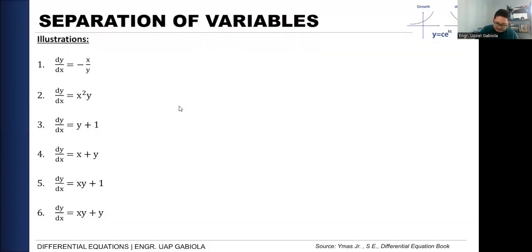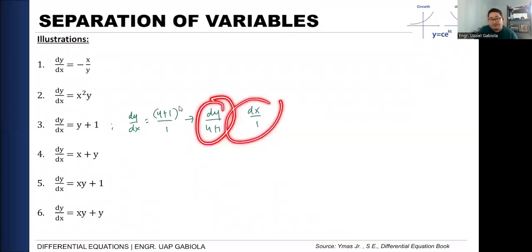So, dito, si number 3, this can be dy over dx is equals to y plus 1 over 1. So, pag pinag-interchange natin to, since pwede naman yan sa algebra, we will arrive with dy over y plus 1 is equals to dx over 1, which is already a separable equation or separated equation na.